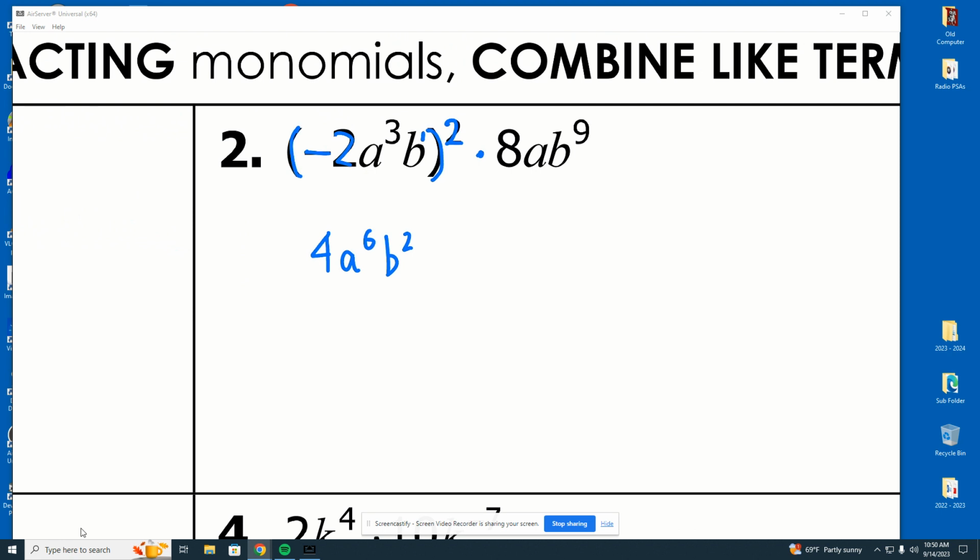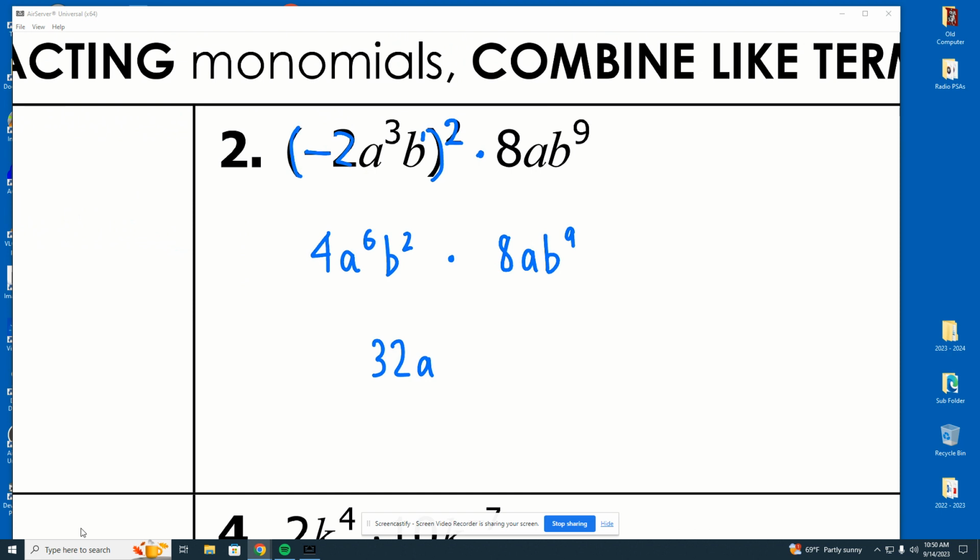Y'all with me? Now can we multiply this by 8ab to the 9th? All right, so treat numbers like numbers. Guys, what's 4 times 8? 32 is my number. Treat exponents like exponents. I have the same base of a, don't I? So we can multiply those by doing what with the exponents? Add them.